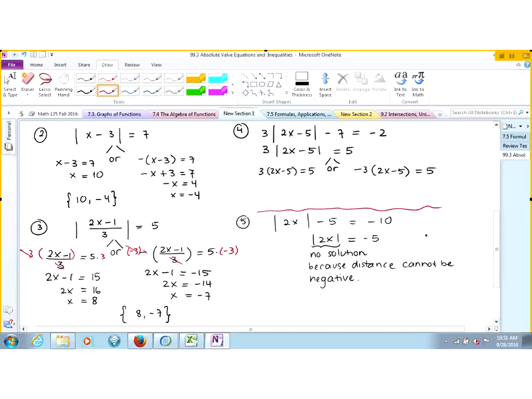You have to know whether this is positive or negative. So what is x here? Solve these and then tell me what the answer is. I'm not going to do it. I'm going to wait for you.